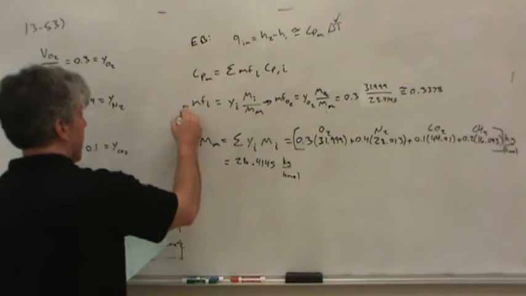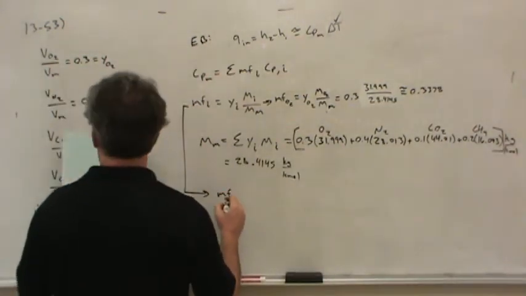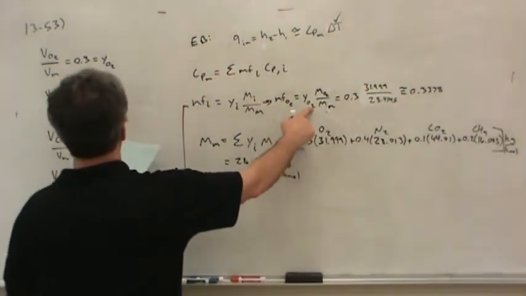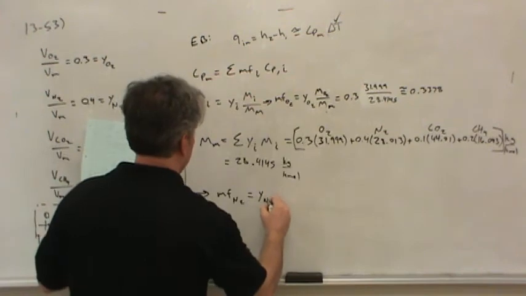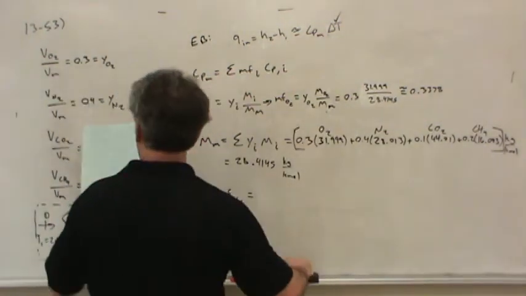I'm running out of space, so I'm going to do it down here. But I'm going to do it a little more quickly. The mass fraction of the nitrogen would be the percentage of nitrogen in terms of molar percentage, YN2. And instead of writing that, I'm just going to plug in numbers.